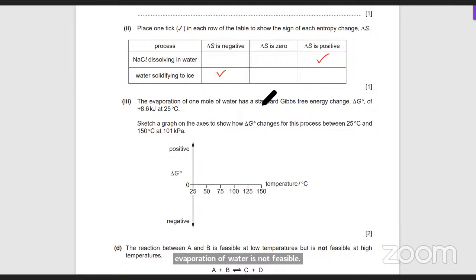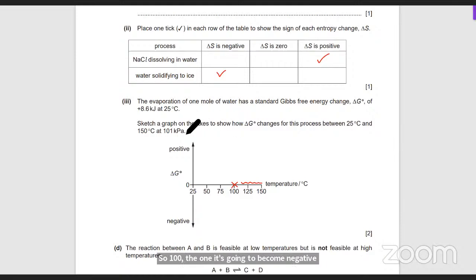When does the evaporation of water become feasible? It becomes feasible at 100. Beyond 100, at whatever temperature, the evaporation of water is going to become feasible. So beyond 100, what will happen? It's going to become negative.